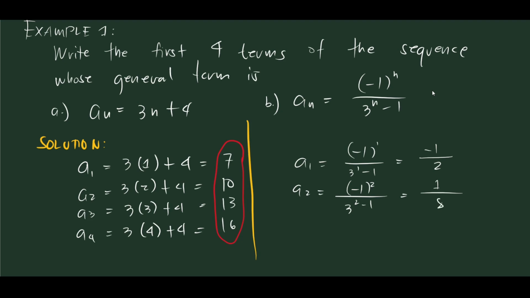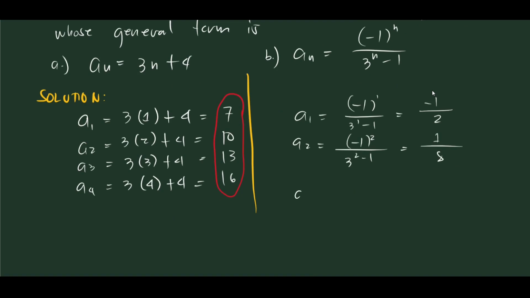That would be 8. The next one, a3, is equal to negative 1 raised to 3 over 3 raised to 3 minus 1. Negative 1 cubed would be negative 1 still. 3 raised to 3 would be 27, minus 1, that would be negative 1 over 26.